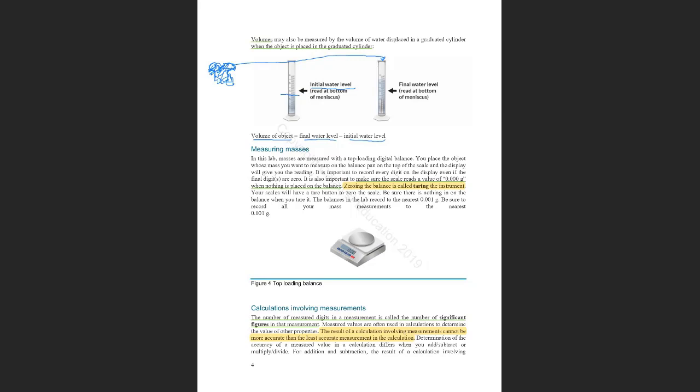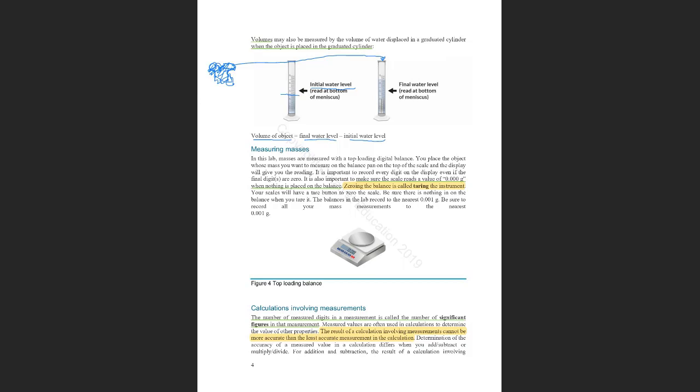What's important is that you have to write all the digits. First, obviously, you have to make sure that the balance is 0 before you put everything. So what it's saying here is important to make sure that the scale reads 0, but that's common sense.